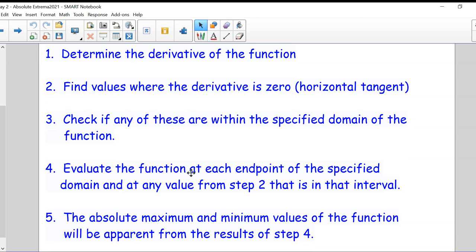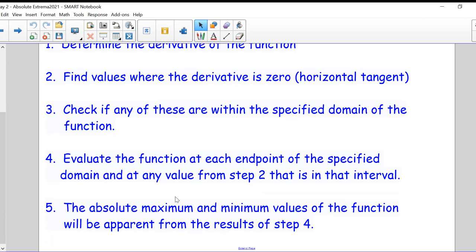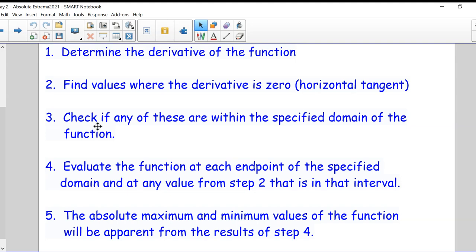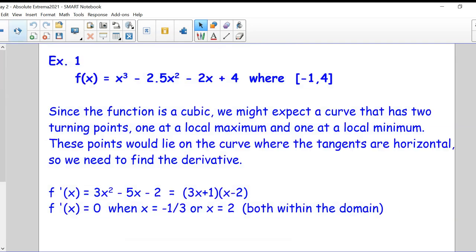Maybe your max or your min is actually on the boundary, so you may not have to pick a point inside the boundary if the boundary itself is the max or the min. That's possible. The absolute max or min values of the function will be apparent from the results of step 4. So we're going to go through all of these steps, and then at the end of this, we're going to have an answer. That's the basic premise of what we're going to do today.